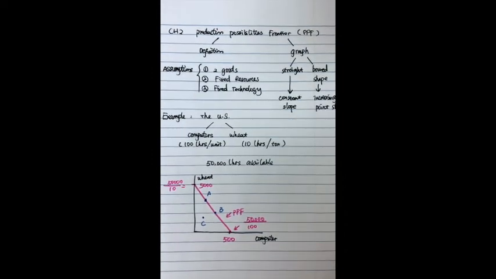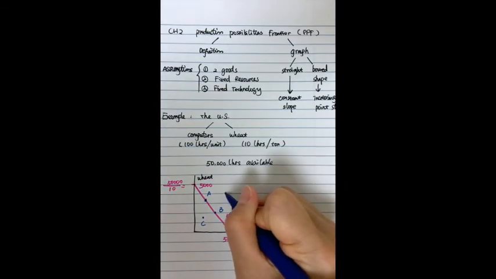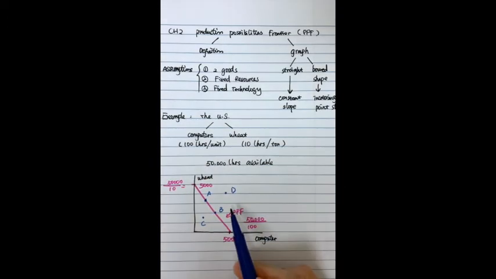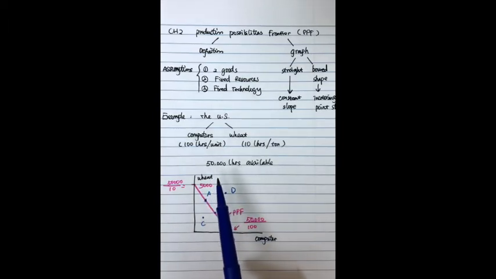However, not all the labor hours can be used up. Therefore, it is not efficient. Okay? There are some points outside the PPF, like point D here. This is a good point. However, this point is impossible for the current conditions to produce. Okay? So those are some different points on the PPF.